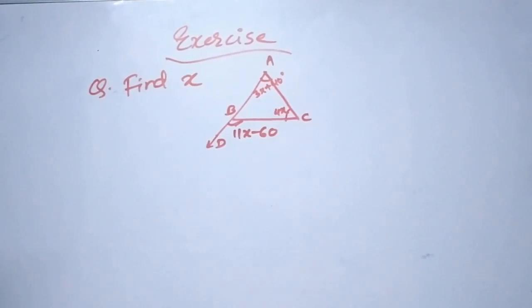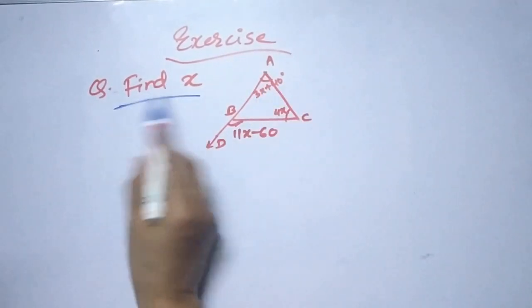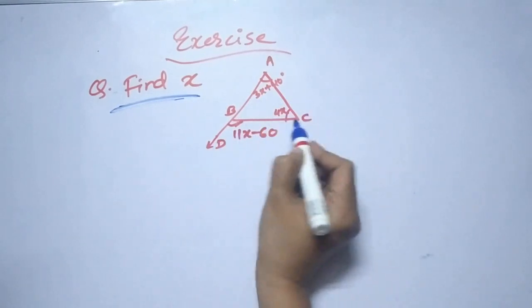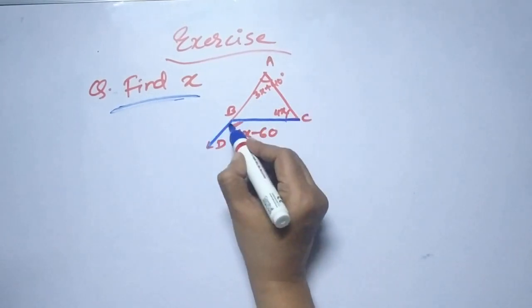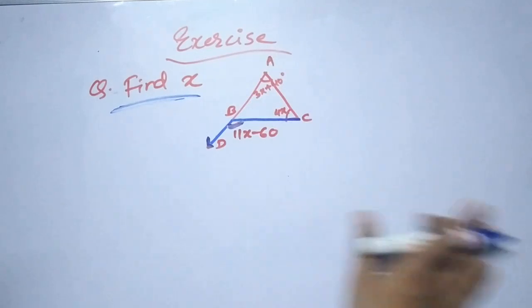So friends, now we need to find out the value of x in this case. So here you can see this CBD is the exterior angle of this triangle ABC.